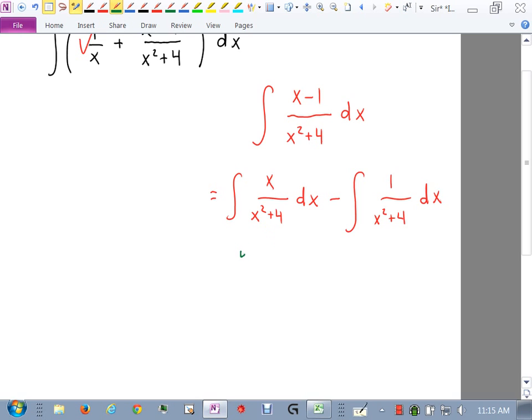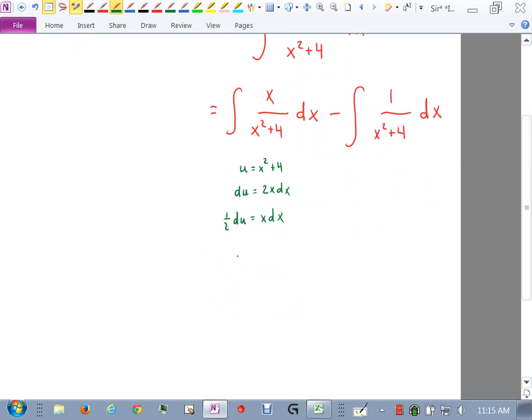Quick u sub on this. Use u equals x squared plus 4, so du is 2x dx, which means 1/2 du is x dx. So that integral becomes 1/2 the integral of 1 over u du.